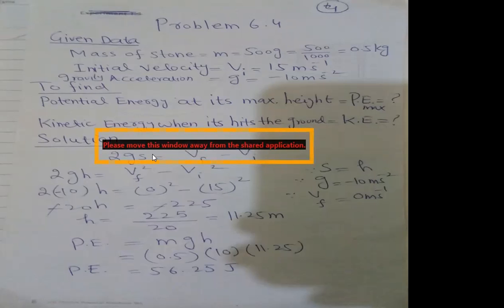So 2gs is equal to vf square minus vi square. This is my third equation of motion. Since the ball is thrown vertically upward, a is replaced with g and s is replaced with h.